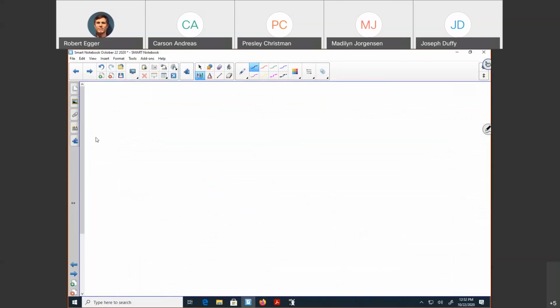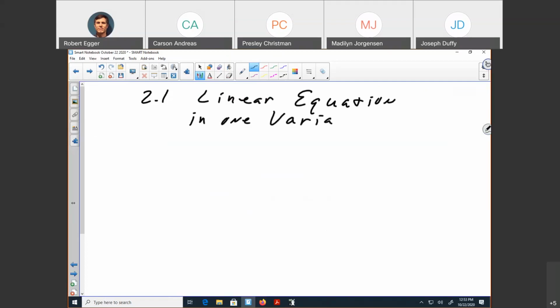2.1, linear equation in one variable. A linear equation.